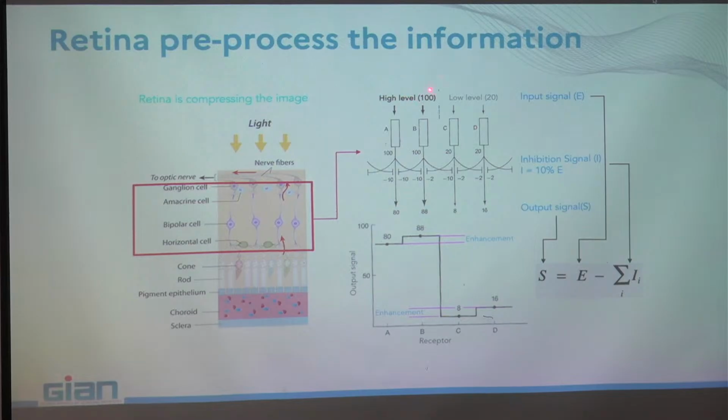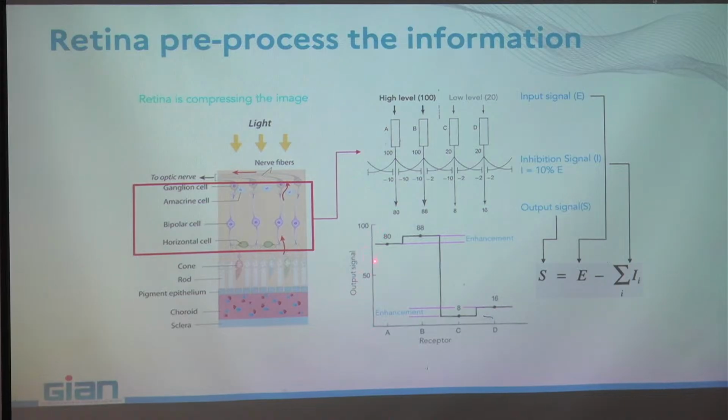That means we see also 100 and send 100 minus 10, and the other, which is at a lower level, we have a contrast here. What will happen? This one will tell it to take out 2, and finally this sends 88 to the brain. And when you do that, this compression algorithm is very efficient, and the objective is to enhance the contrast.